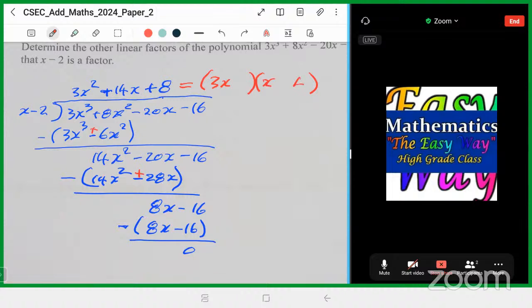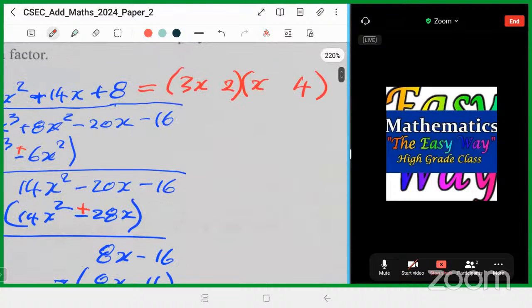I can try 4 and 2. I look at it, I see it's 4 and 2, because this times this is 12x, this times this is 2x, they add to 14x. So those are the proper placement of those, and the signs are positive here and positive there.